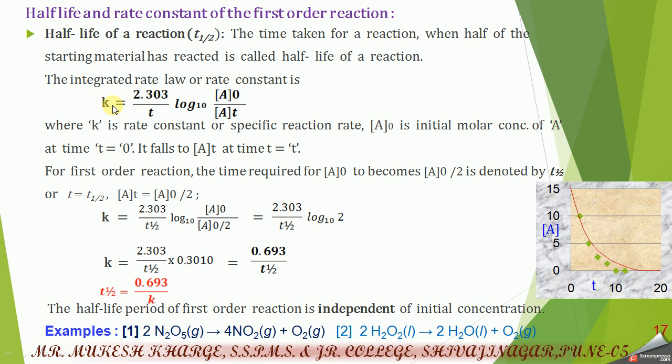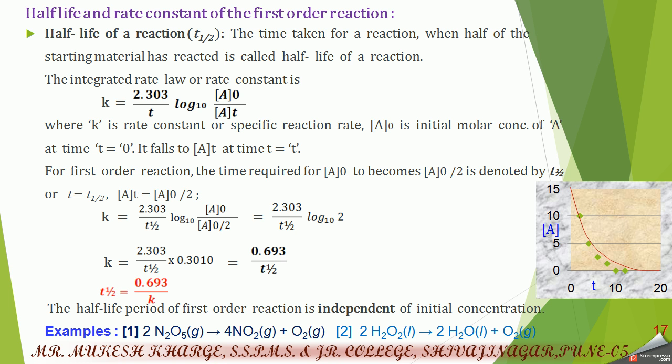So the integrated rate law or rate constant for first order reaction is K is equal to 2.303 upon t log to the base 10 of A0 upon At. So K is nothing but the rate constant or specific rate of reaction. Then A0 is the initial molar concentration of the reactant A at time t is equal to 0.